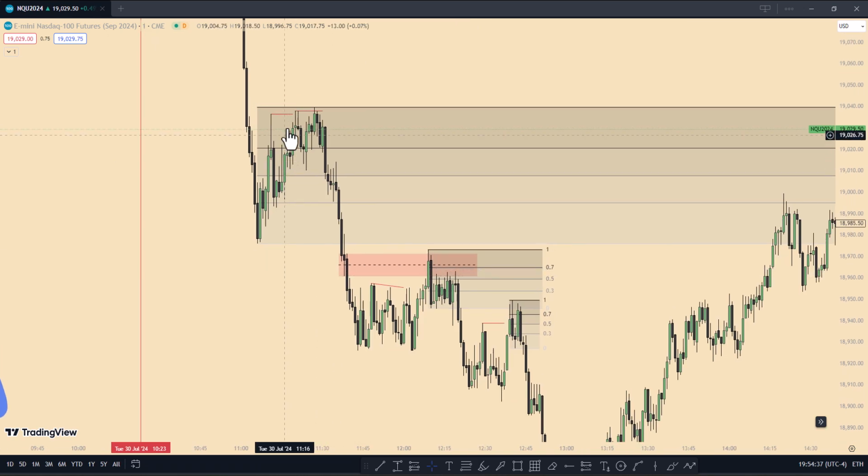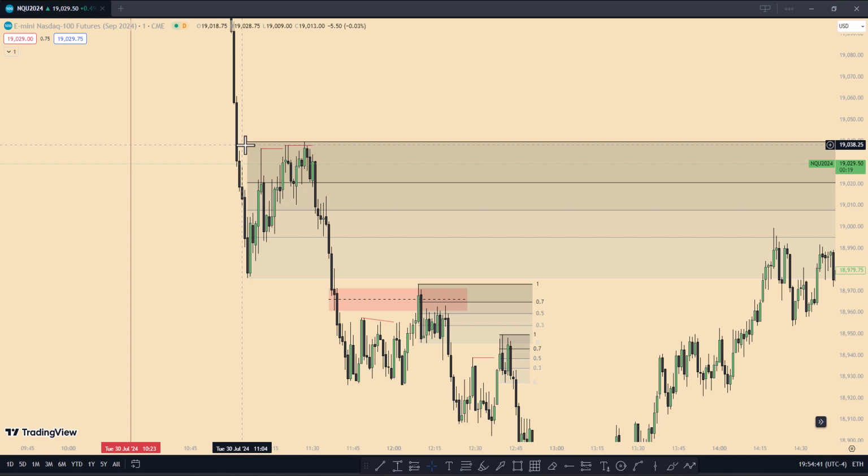I also forgot to talk about these sweeps right here. There was no zone right here, so I wasn't interested in taking these trades. One of the conditions is the sweep needs to happen inside the zone. So I'm adding the probability of rejection from the zone plus the probability of rejecting after we fail to take an alt swing.